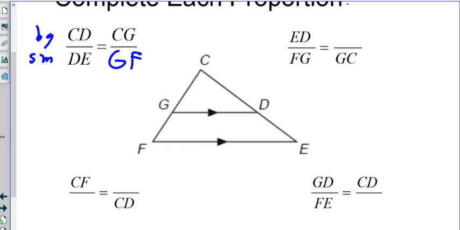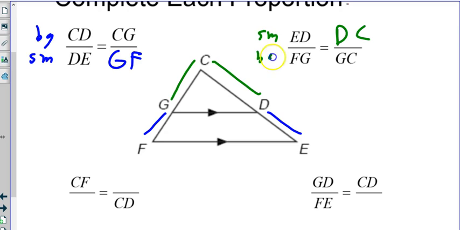ED, small piece, to FG, small piece. And then we have GC, big piece. So what's missing here? DC, big piece. So again, we'll put small and big, if that helps you, go ahead.